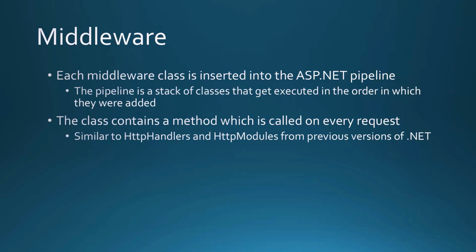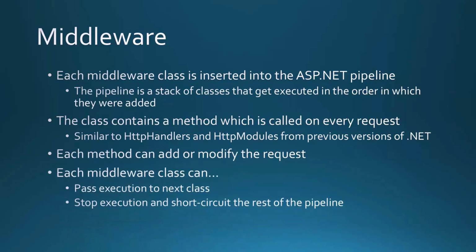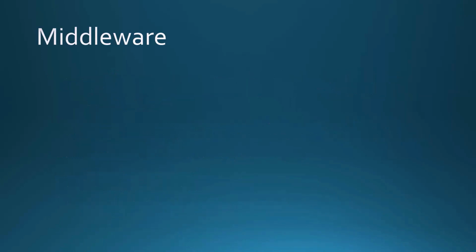If you've ever used HTTP handlers or HTTP modules from previous versions of .NET, this is just like those. Each method that is called as part of this pipeline can add or modify the request. Each middleware class can pass execution to the next class, or it could even stop execution and short-circuit the rest of the pipeline. Here's an example of what happens.